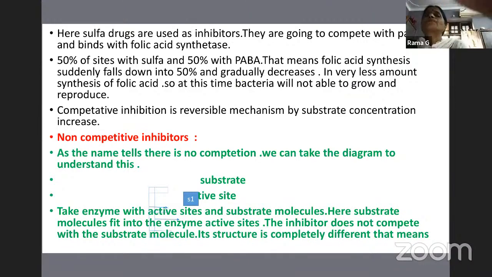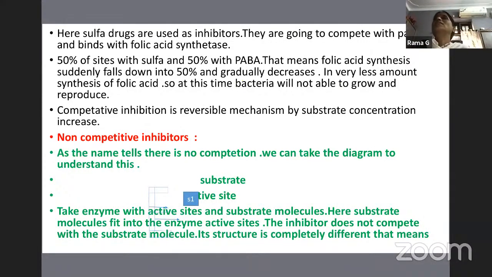And here, competitive inhibition is reversible. Why is it reversible? If the substrate molecules are more than the inhibitors, then the substrate molecules, which help in increasing the microbes' growth, outnumber the inhibitors.